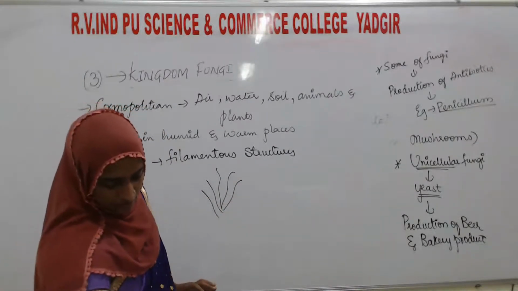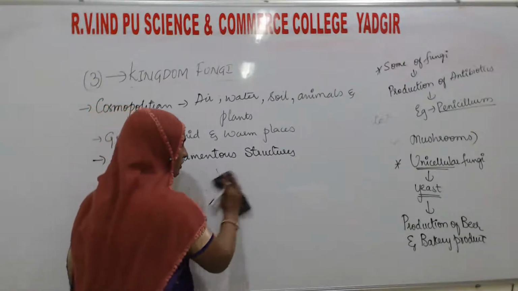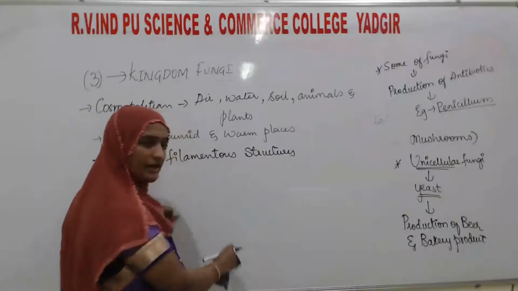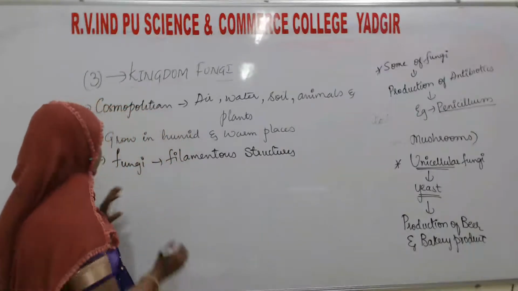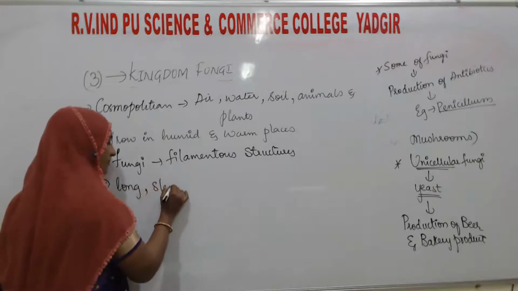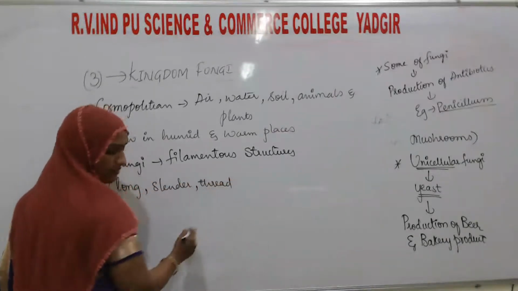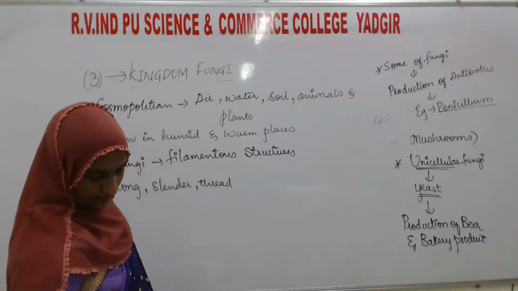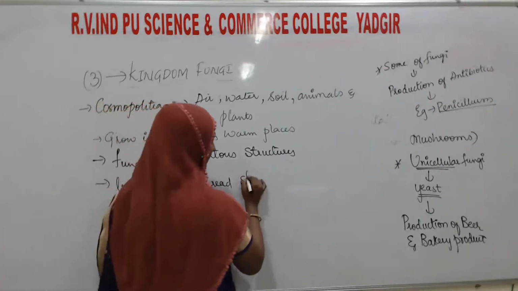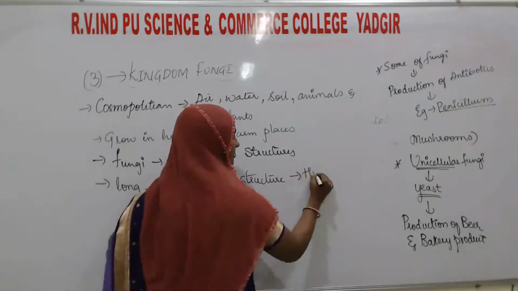So here, these filaments of the fungi consist of long, slender, thread-like structures. These filaments are the long, slender, thread-like structures, and those structures we can call the hyphae.